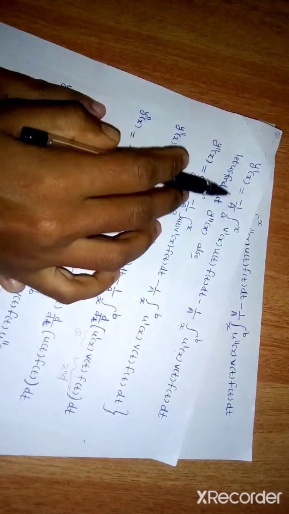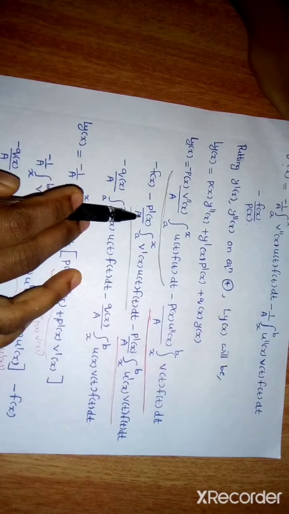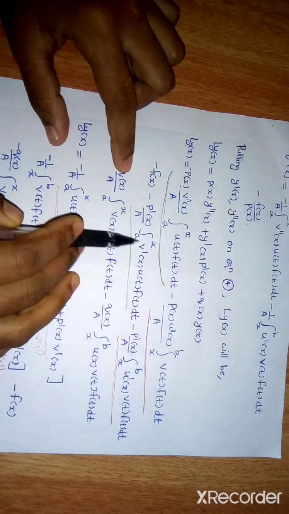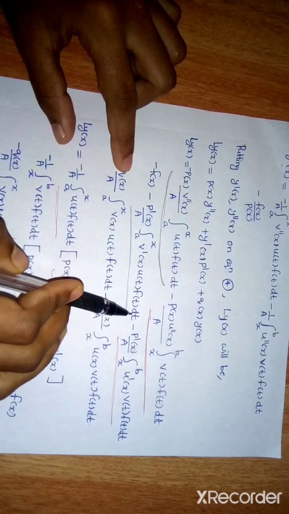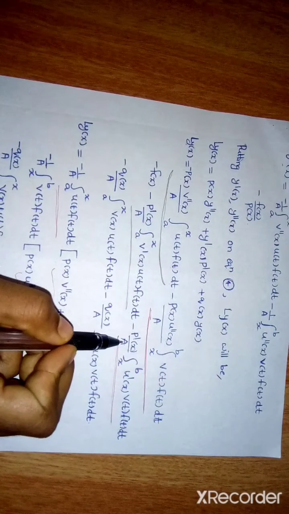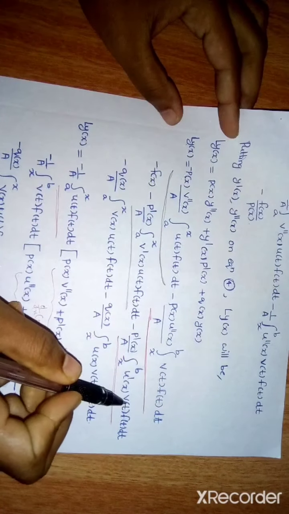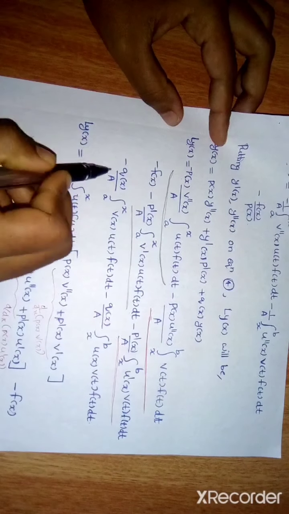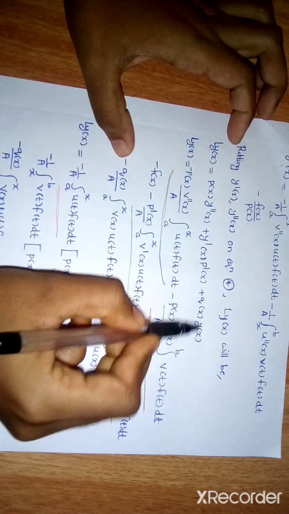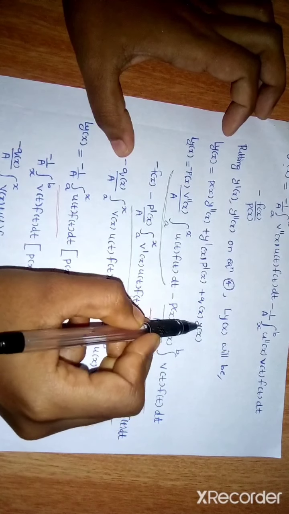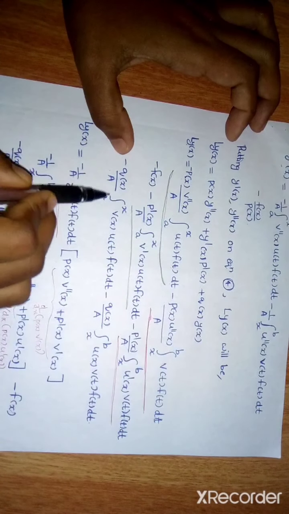This is our y dash of x, and putting this value we get minus p dash of x by a integral a to x v dash of x u of t f of t dt minus p dash of x by a integral x to b u dash of x v of t f of t dt, and minus we have q of x and y of x. We know the value of y of x and substitute it, and we get this.